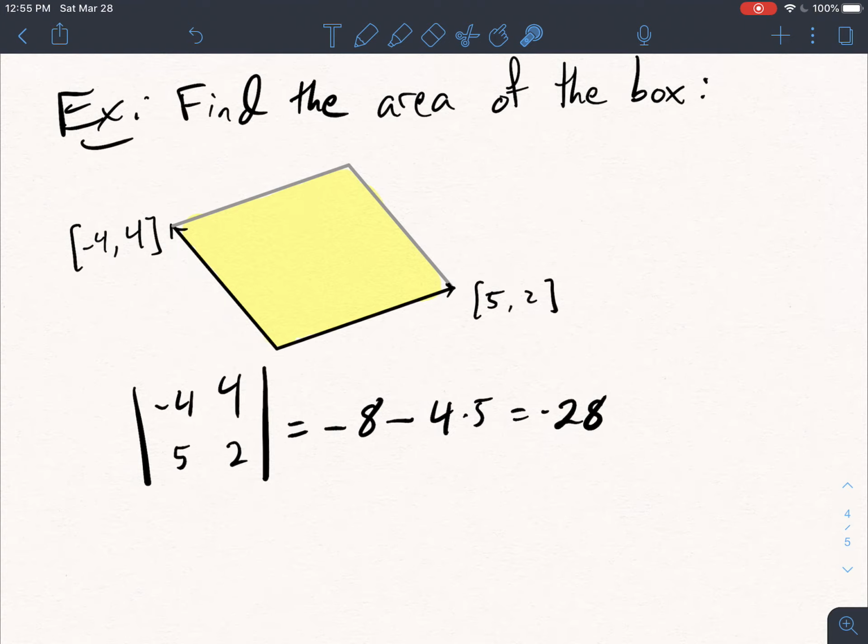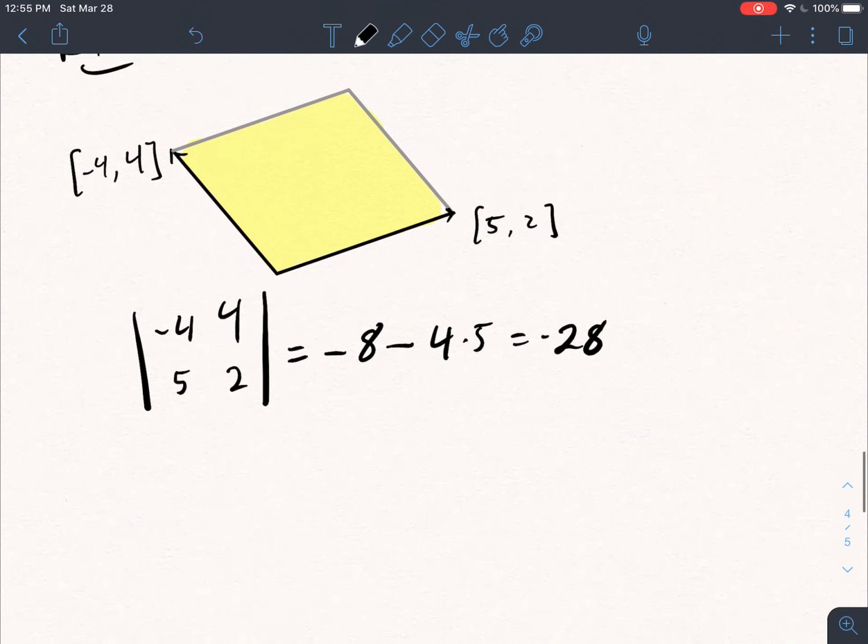And for area, we probably want a positive area, right? And in fact, the way that I set up this matrix, I read from this vector to this vector, so I'm going clockwise.